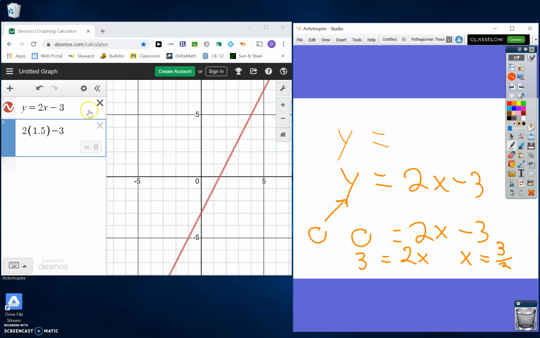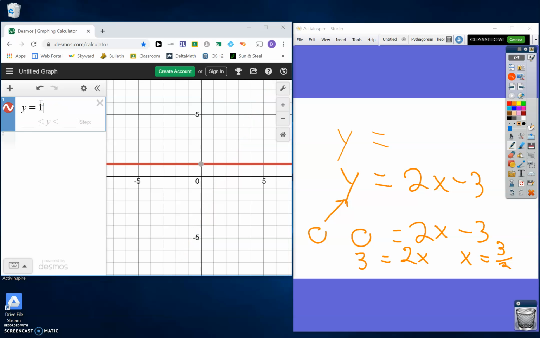So really all we needed to do is just say, look, what does it take to make this 0? So if I have a different equation here, let's make it 1/2 x plus 1, just so it brings it down a little bit. And so here's the question. Where does it cross, or what do you have to put in for x to make it 0? Well, one way is to look over here and say, well, apparently it's negative 2, because you can just look at the graph.